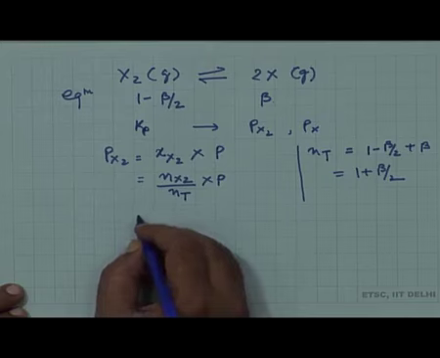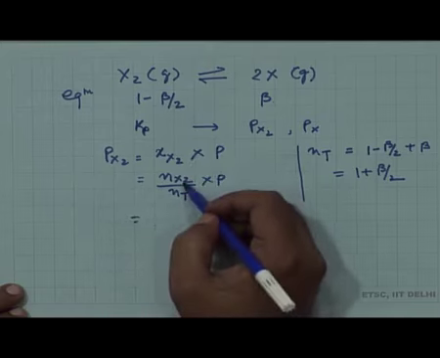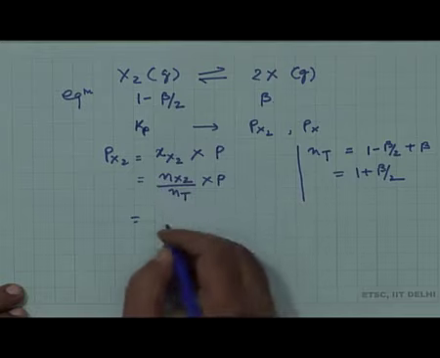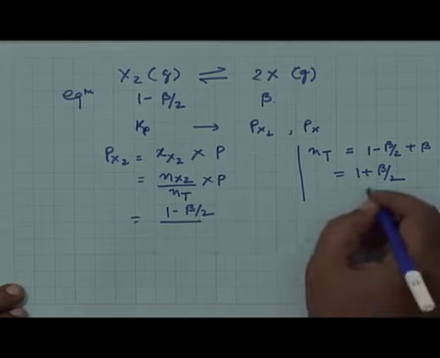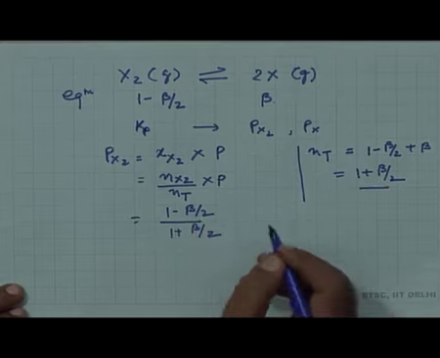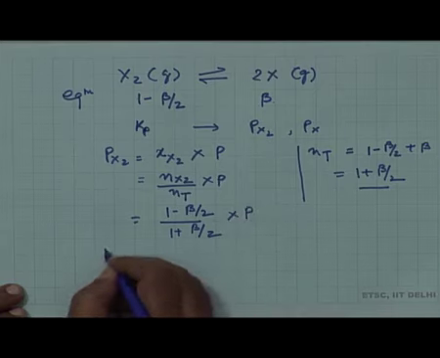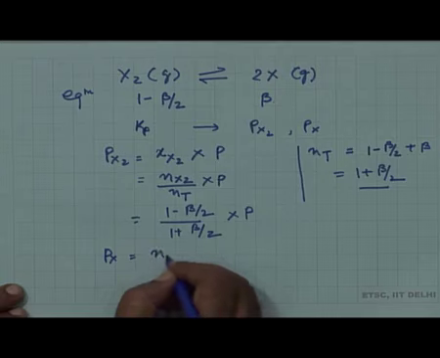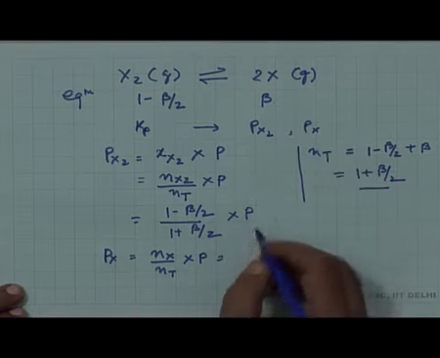So, your Px2 is equal to Nx2, Nx2 is 1 minus beta by 2, divided by total number of molecules which is 1 plus beta by 2, and into P, whereas Px is equal to Nx by Nt into P. Nx is your beta.